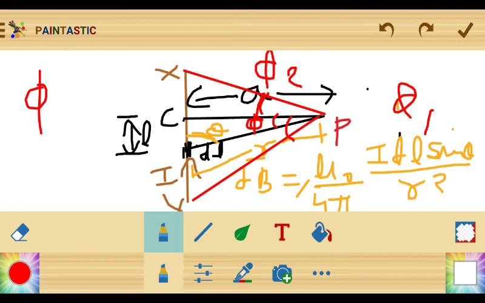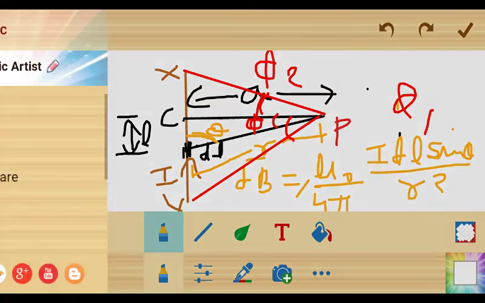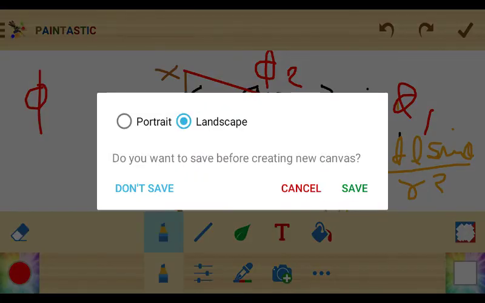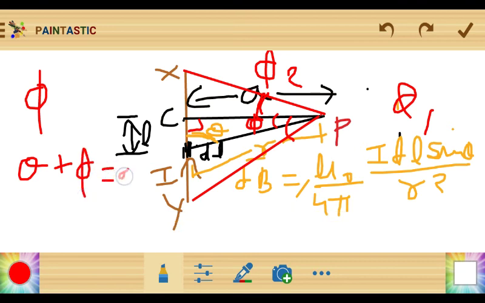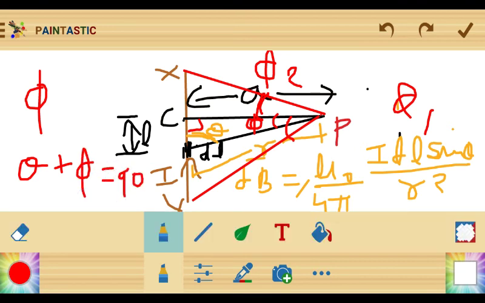Let's see the relation between theta and phi. In this triangle, this is 90 degrees, so theta plus phi is equal to 90 degrees, or simply theta is equal to 90 minus phi.